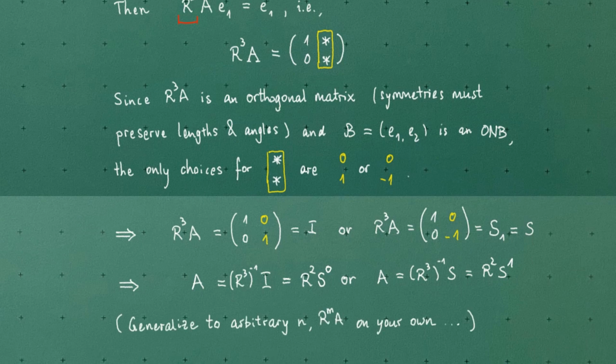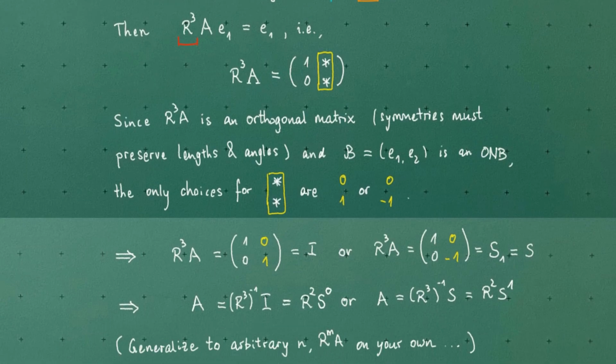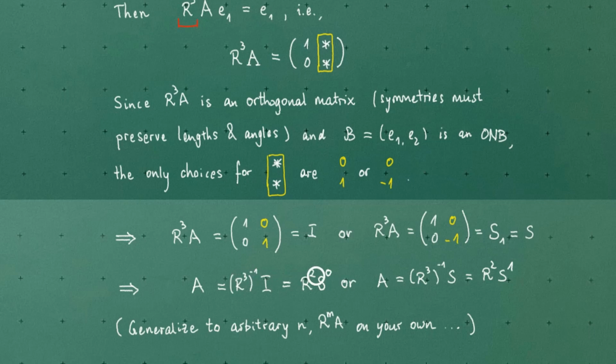And as I said before, I think this gives you very clearly the basic idea of this proof. Now it's a good exercise for yourself to generalize this to arbitrary n. So you cannot argue here with 3 and 2 equals 5, but you have to write it down a little bit more involved.